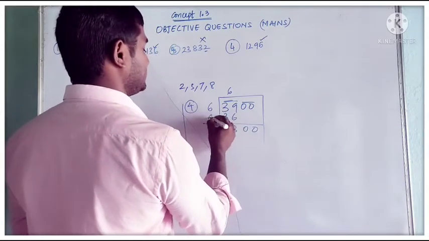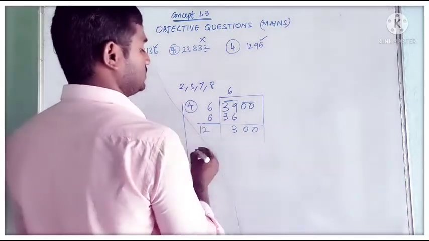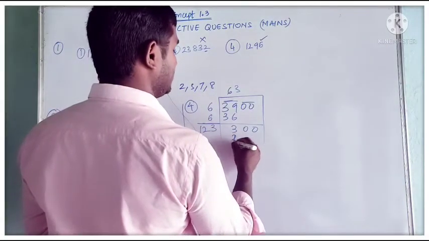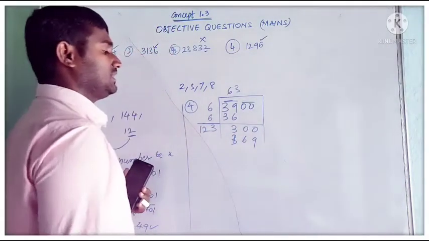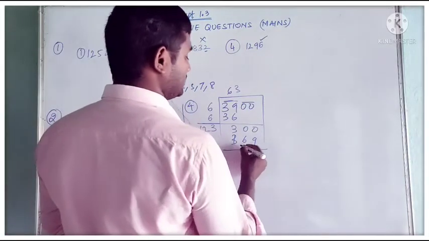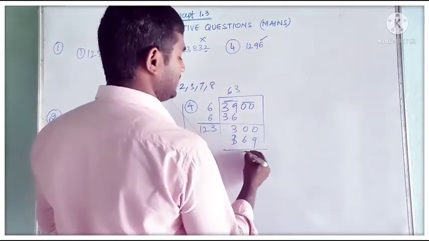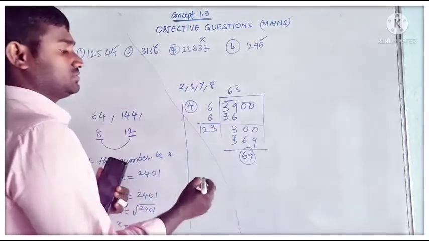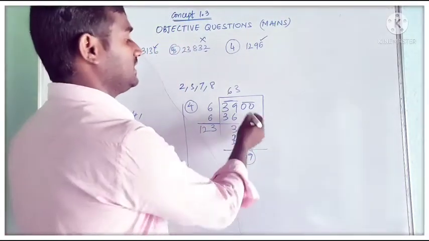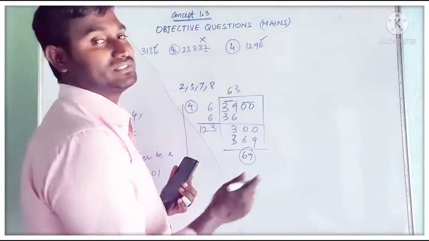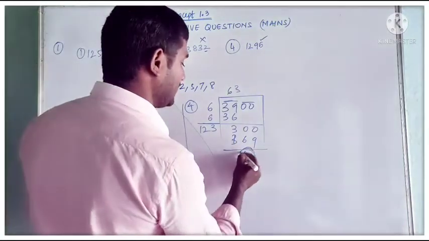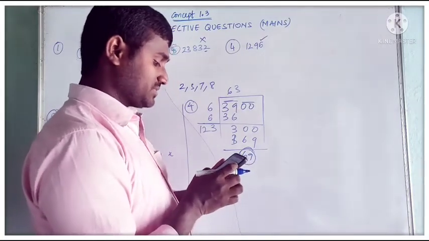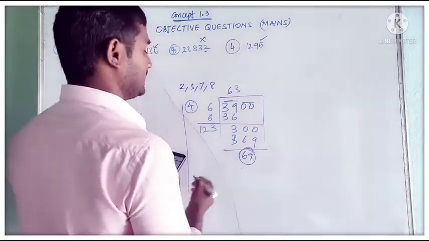Now add 6 here, it becomes 12. 123 into 3 becomes 369. If you subtract 369 from 300, we get 69. So if you add 69 to 3900, it becomes a perfect square. The number we obtained is 69. So option 3 is the correct option.